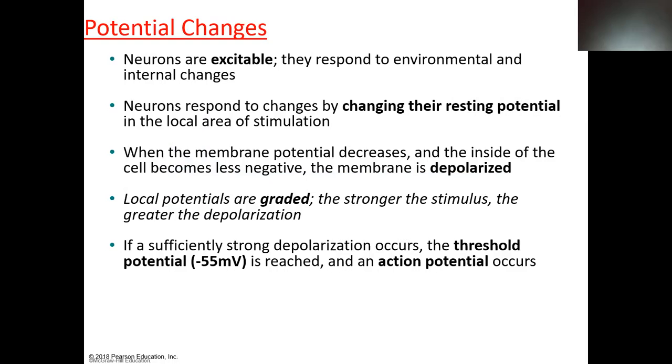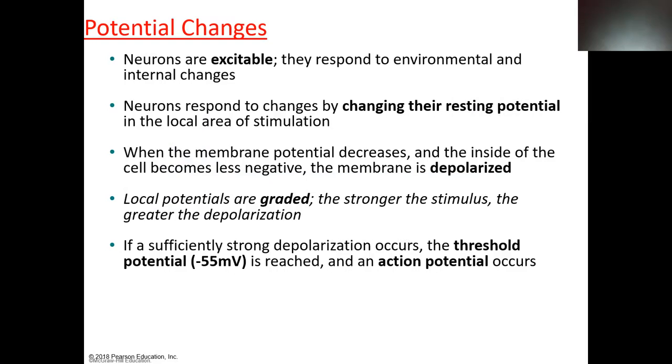If they change their resting potential, what's going to happen is we get voltage gated sodium channels that are going to cause an influx of sodium into the cell. That stimulation can open up those voltage gated sodium channels and allow sodium to come from the outside to the inside.